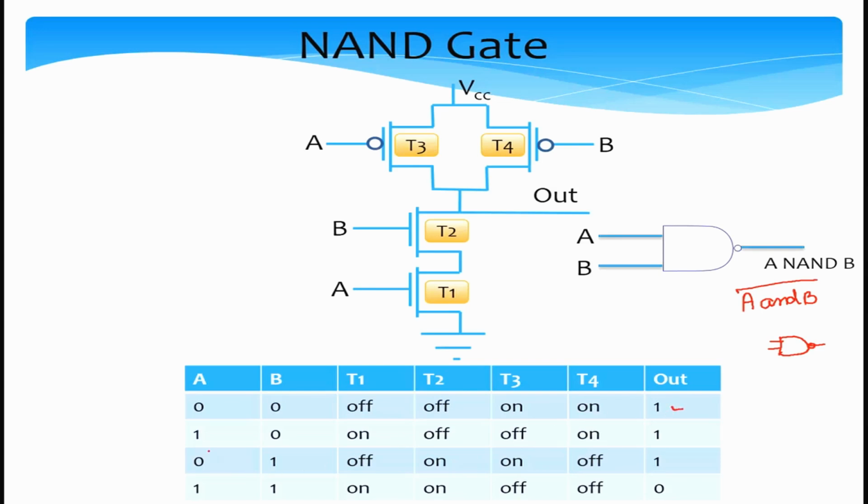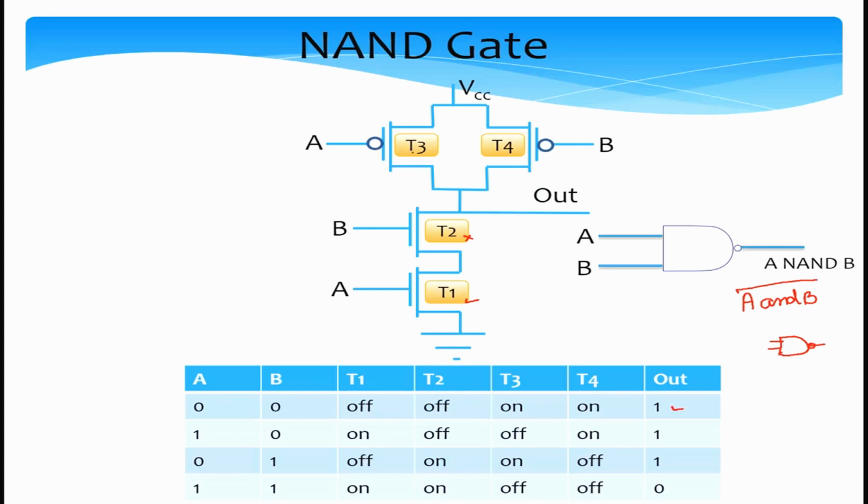So let's consider the case where A is 1 and B is 0. If A is 1, then transistor T1 is conducting, but transistor T2 is off. As we had mentioned in the last slide, when two transistors are connected in series, if one of them is turned off, current is not going to flow via that line. So we can assume that the output terminal is disconnected from the ground. But let's take a look at T3 and T4. That's more interesting.